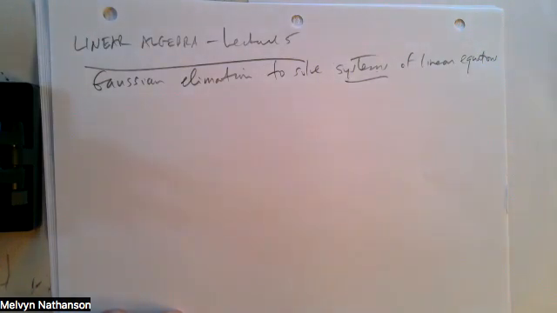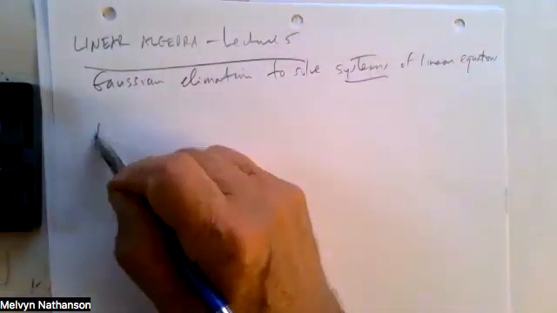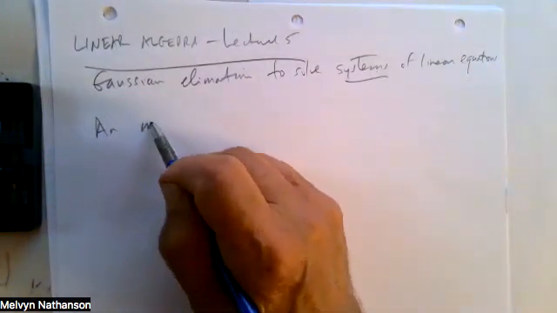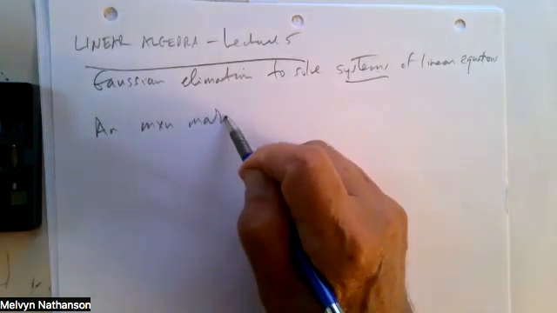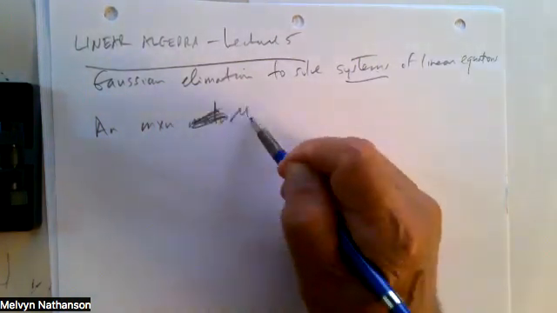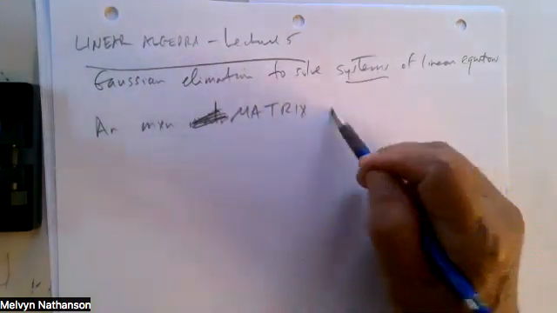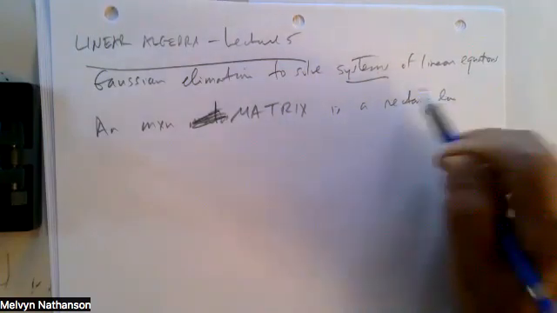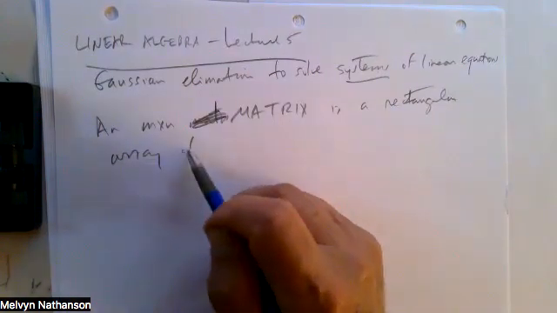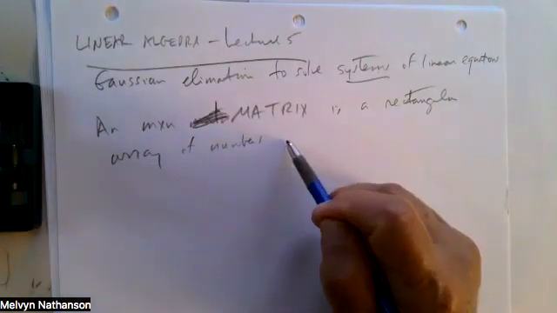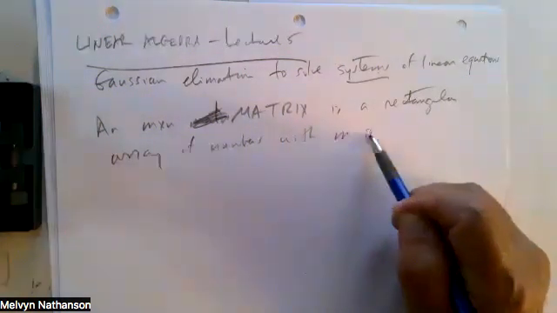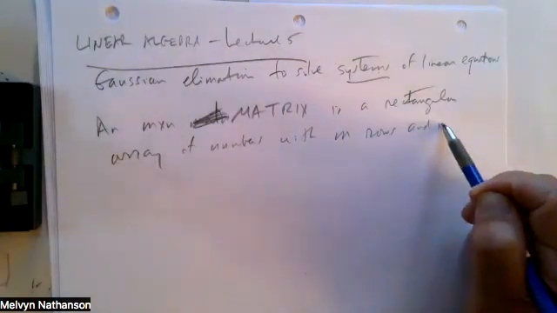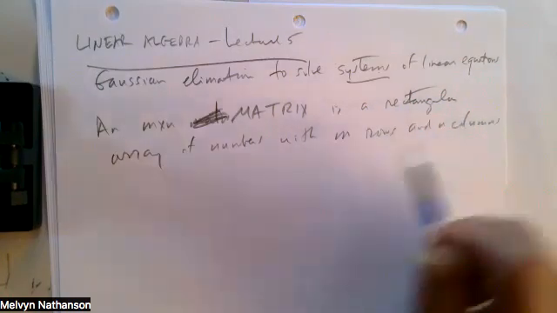Matrices are something we use all the time in linear algebra. And what is a matrix? An m by n matrix is simply a rectangular array of numbers with m rows and n columns.